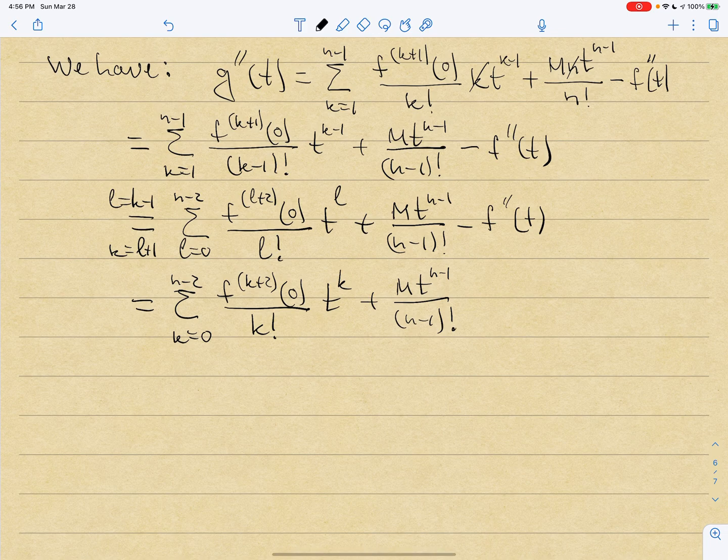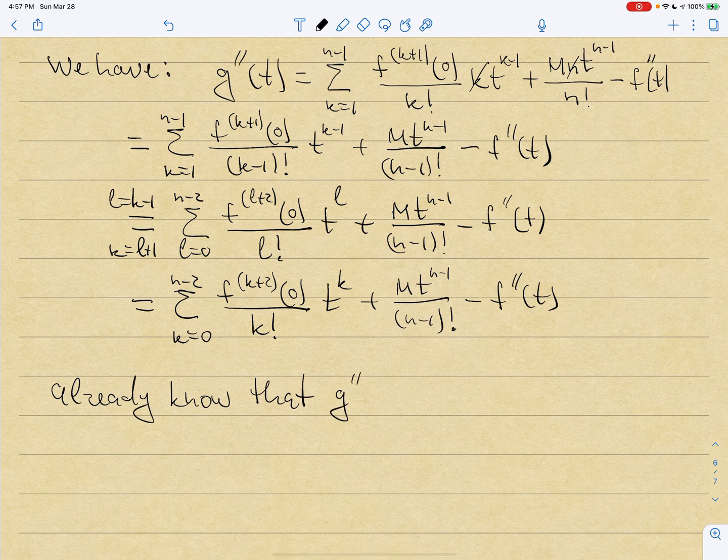Okay, and we already said that we already know that g double prime of x2 is 0. And we want to compute g double prime of 0.